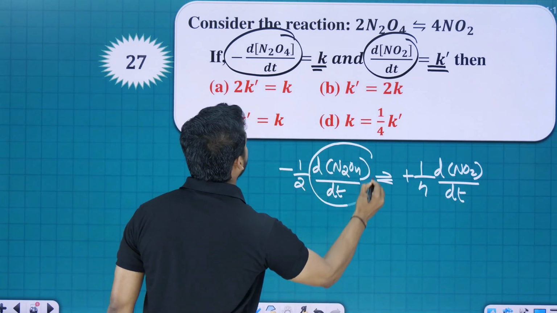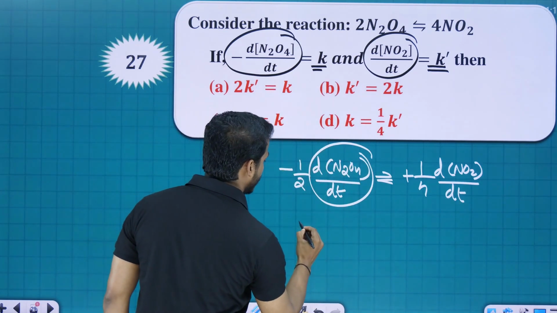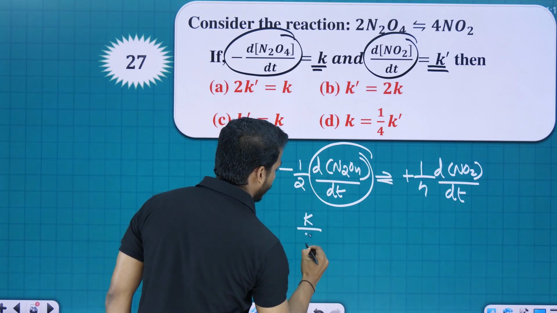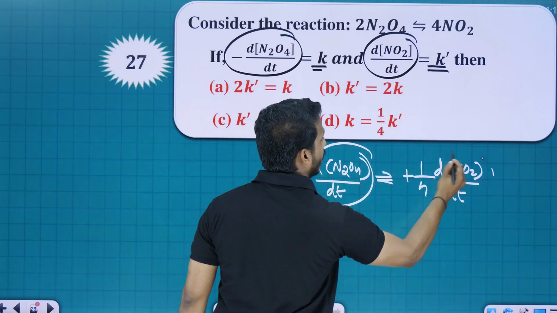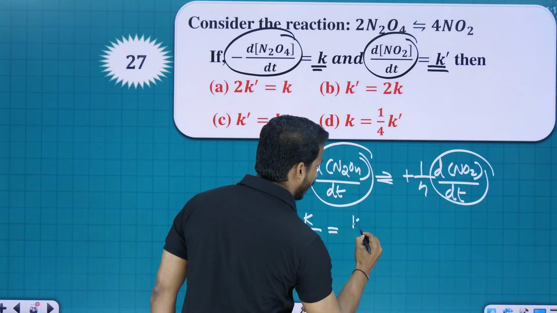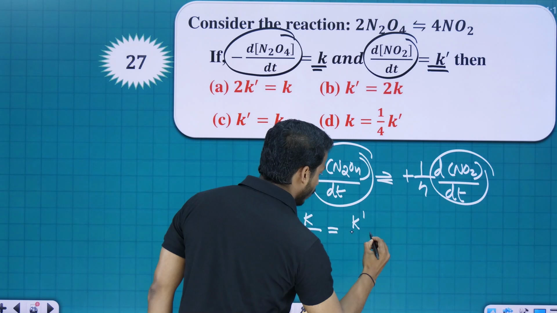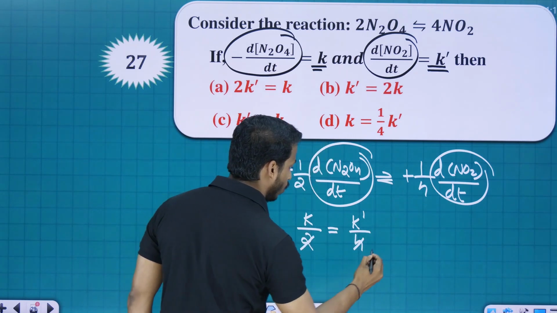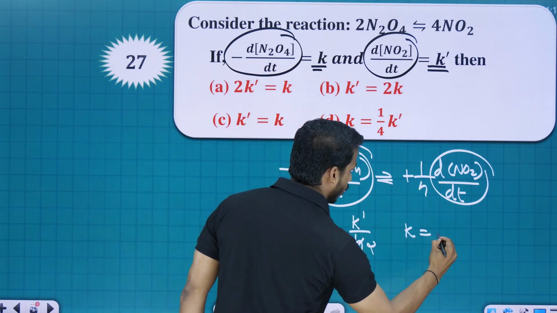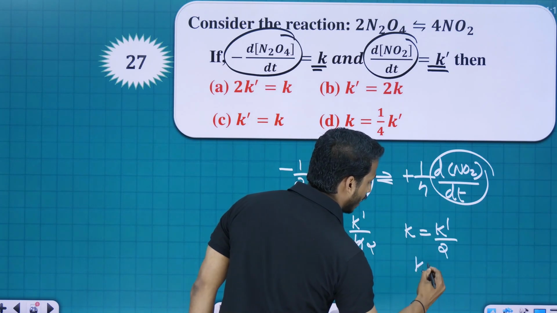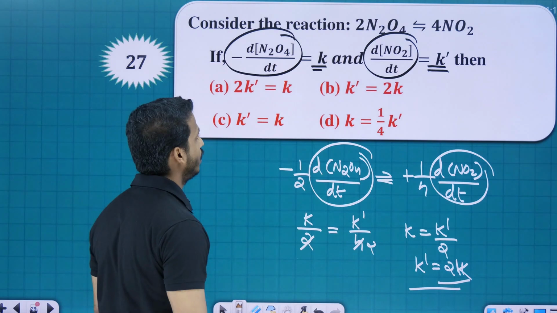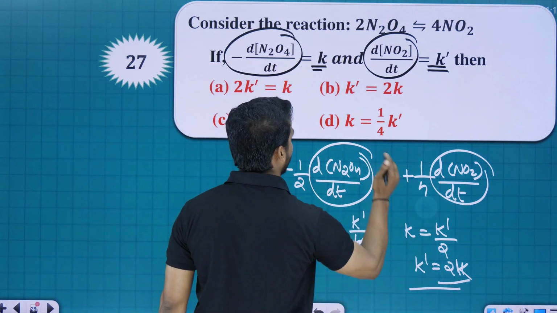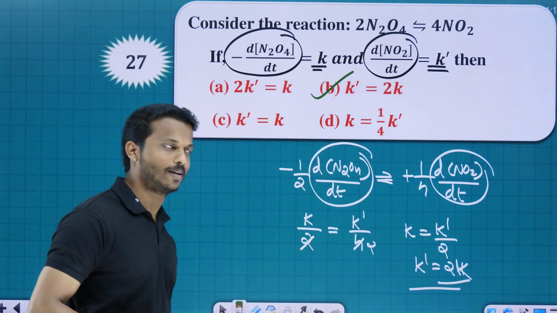This value they gave as K, so this is equal to K divided by 2, and this value they gave as K dash, so it will be K dash divided by 4. Cut it by 2, so 2 is left here. So K equal to K dash by 2. So K dash equal to 2K. So what is our answer? Option is B. Clear, dear?